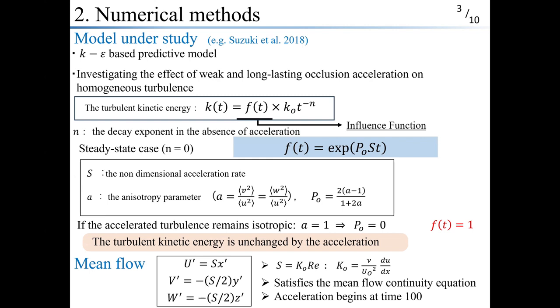For n equals 0, the function simplifies using the non-dimensional acceleration rates S and coefficient P0, which depend on anisotropy A defined from velocity fluctuation u v double. When the turbulence is isotropic, A equals 1, then P0 equals 0, and F equals 1, when S equals 0.